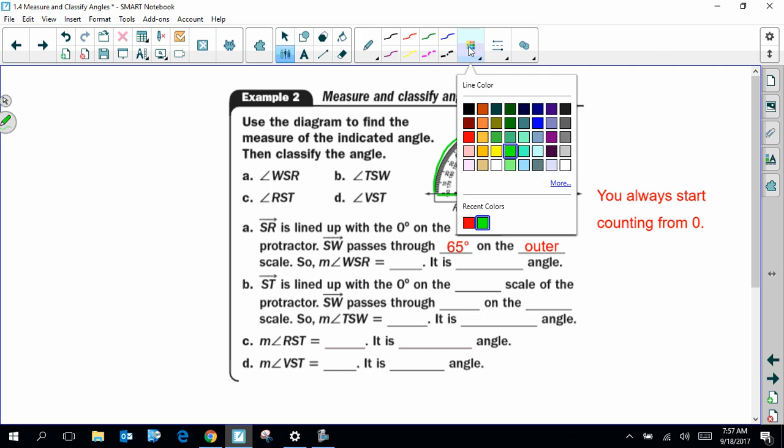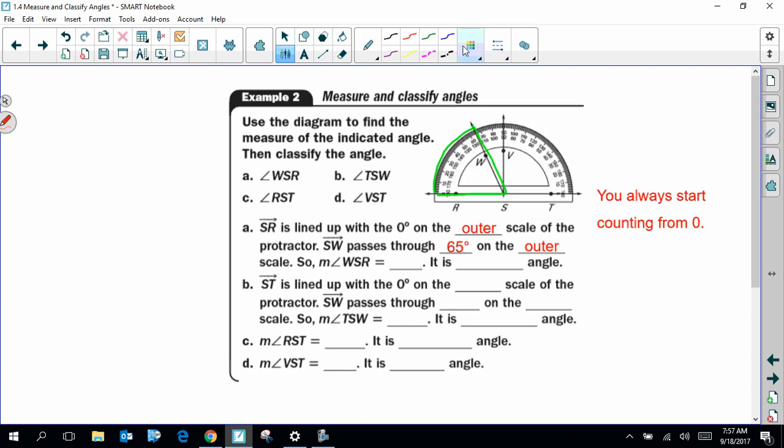So now let's take a look at the next one, TSW. So here's TSW. Again, I'm going to see, well, where is 0 at? In this case, 0 is on the inside number line. So I'm going to follow the inside number line around. And based on appearances, this one seems to be obtuse, so I expect the angle measurement to be greater than 90 degrees.